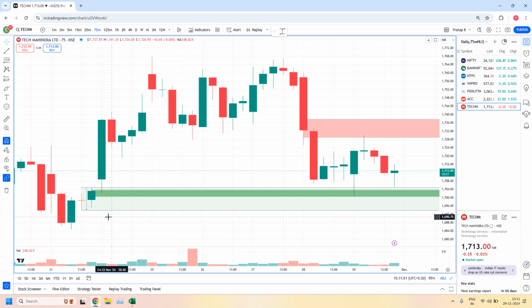I came to know some of you are struggling with fine-tuning the zones. According to me, many of the zones you can identify easily. Sometimes you get confusion when there are multiple order flows in a zone. In one of the stocks I will explain, because that has multiple order flows.